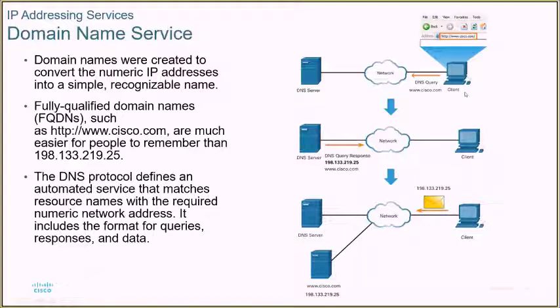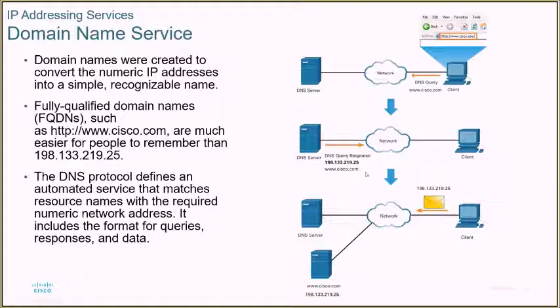If the DNS server doesn't know that address, it would go to the root servers and say, what's the address of the .com server? A root server will reply, this is an address to a .com server. Then the DNS server will ask the .com server, what is the address of the Cisco.com server? The top level will respond back with that address.